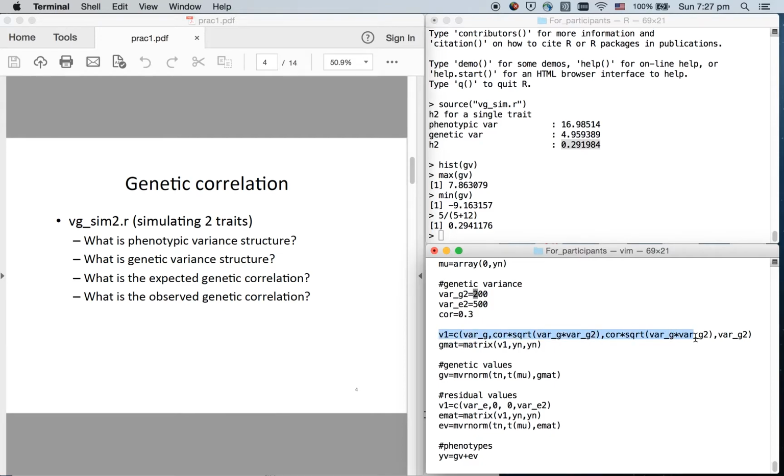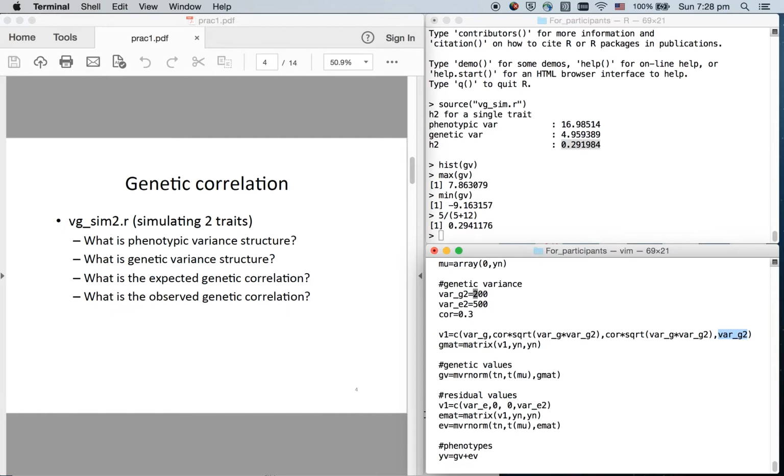This function is a bit complicated, but this is the first genetic variance, and this is the correlation times the square root of the genetic variances for the first trait and second trait. It means this is the genetic covariance, and this is the same as this one, and this is the second genetic variance, right?